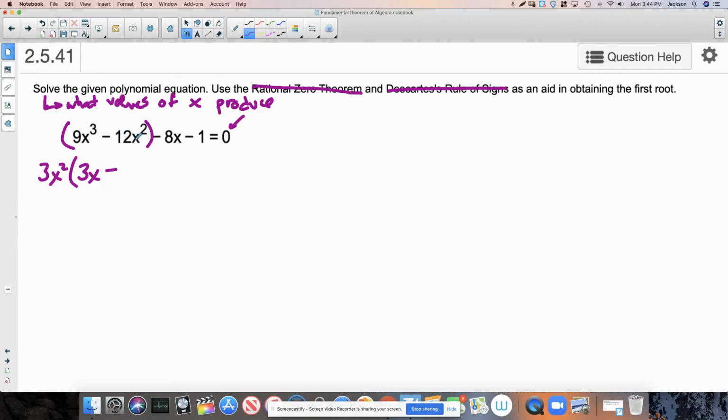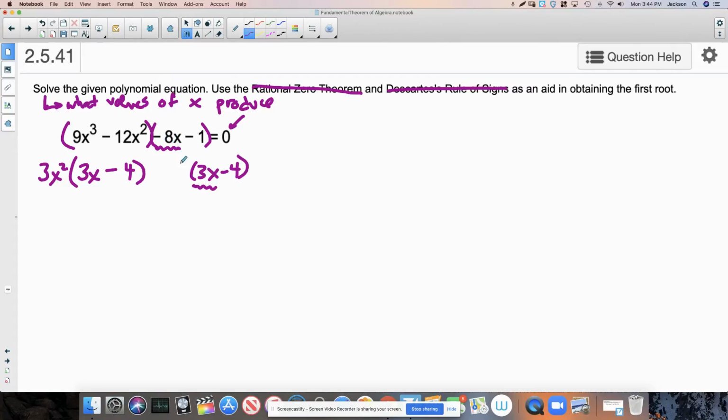If I take 3x squared and factor it out of here, that leaves me with a minus 4. And when we factor by grouping, we rewrite that term and try to figure out how we can take something away from negative 8x in this second group to end up with 3x. And what do I divide this by to get 3x, right?